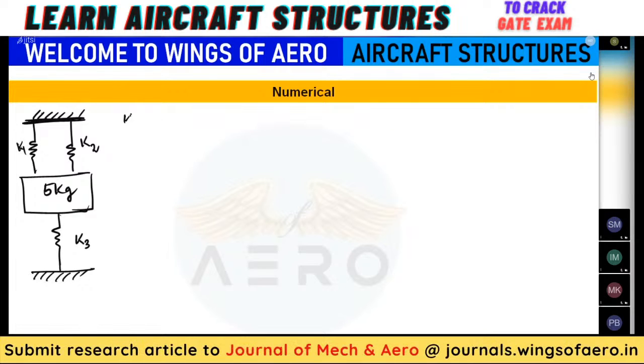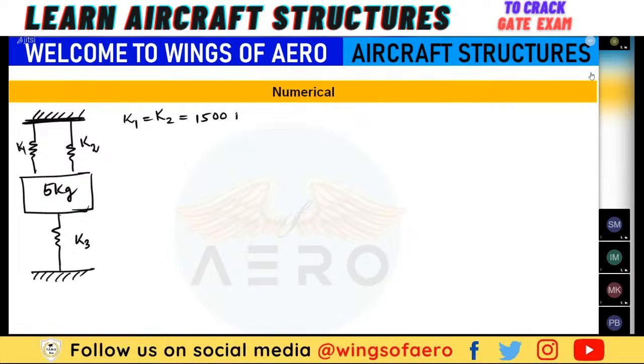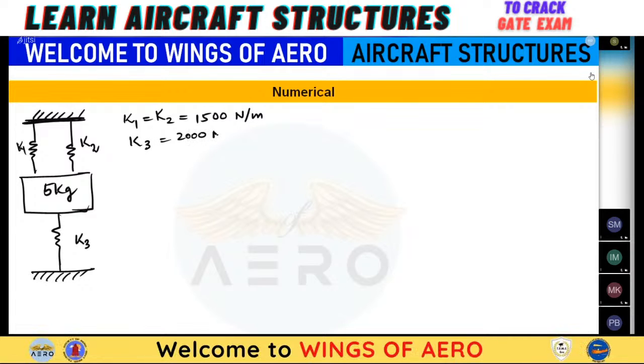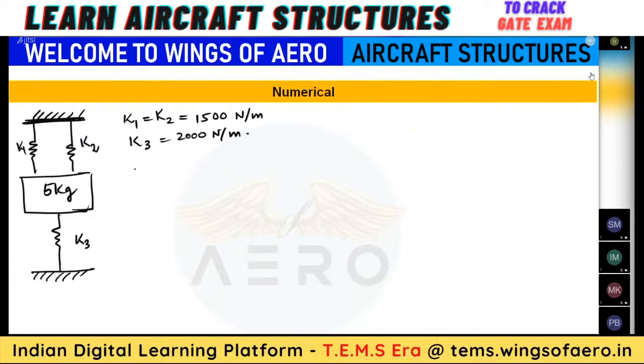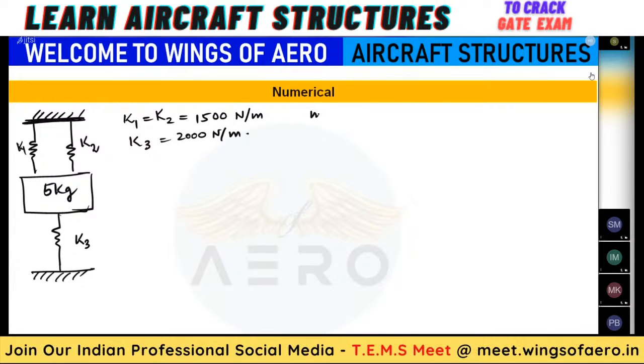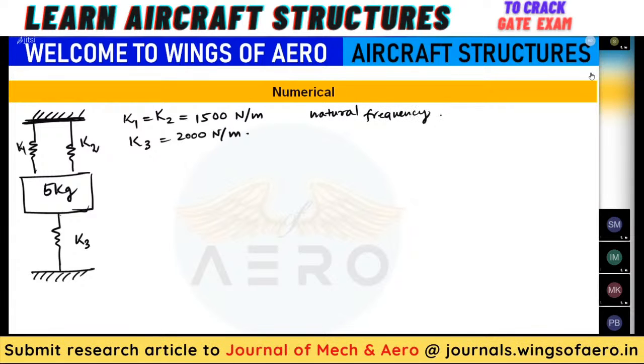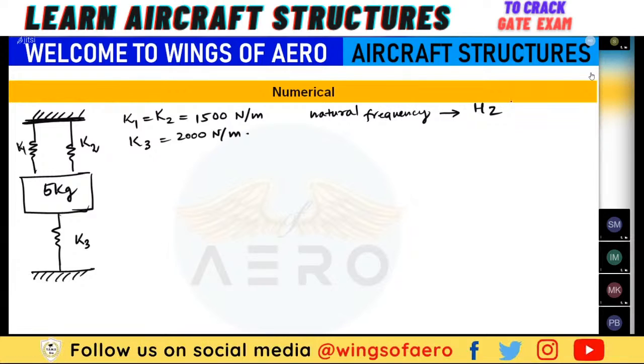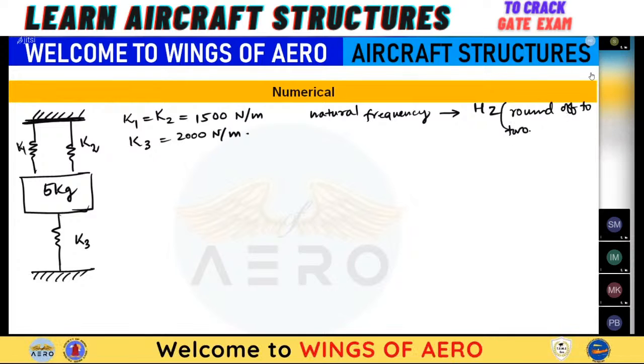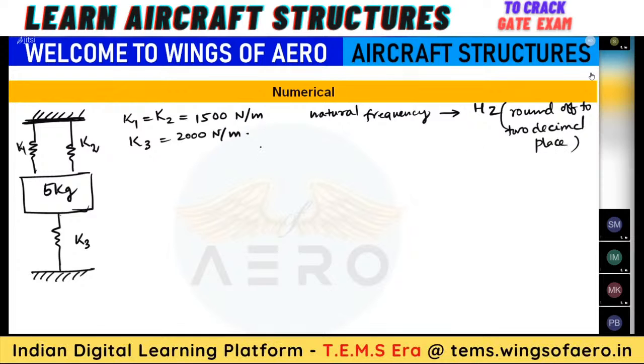Where K1 is equal to K2, which is 1500 Newton per meter. K3 value is 2000 Newton per meter. Mass is given. Now from here, find the natural frequency in terms of hertz, rounded off to 2 decimal places. This is the question.